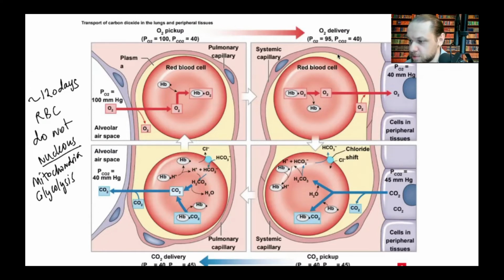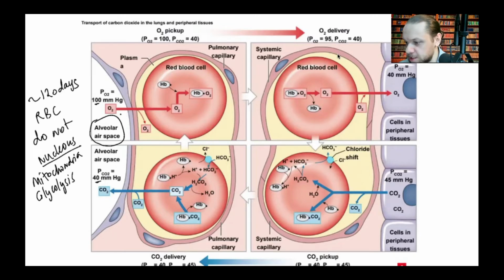So here, as I was explaining, this was the formula, right? As you saw, CO2 comes with water, makes carbonic acid, and then dissociates into hydrogen ion and bicarbonate. In your alveolar space, in your lungs, the oxygen content is about 100 millimeters of mercury. Carbon dioxide content is about 40 millimeters of mercury. And here we have the red blood cell.